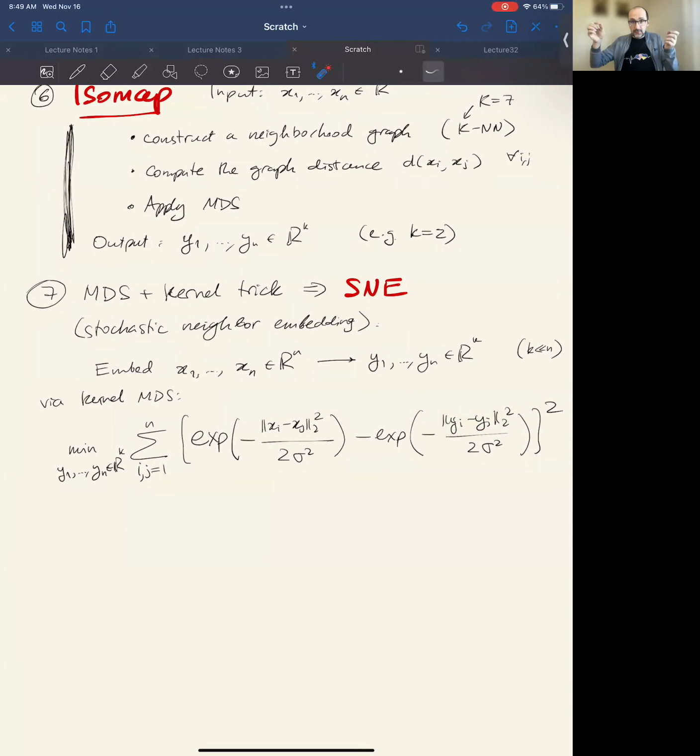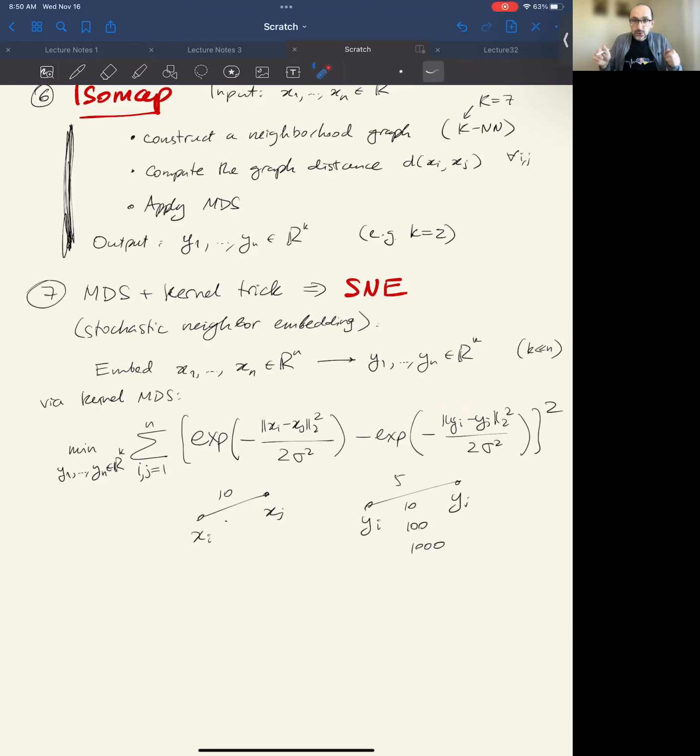The best yi's to replicate that will be any set of points that is also far apart. But the point is, it does not matter how far apart yi's are. As long as xi and xj are, let's say, 10 apart, they will be nicely replicated by any pair that is 5 apart or 10 apart or 100 apart or 1,000. It doesn't really matter, because what we see here is almost 0, and here's 0, and here's almost 0.